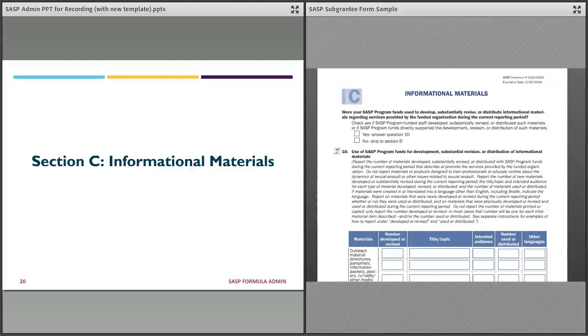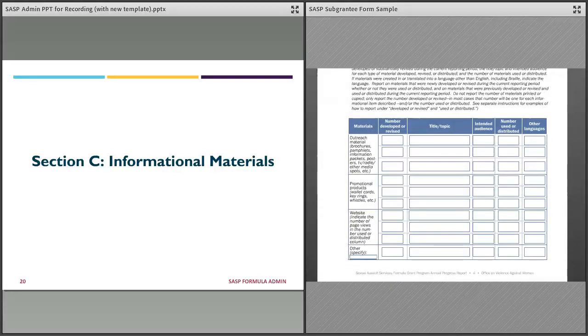For example, during the current reporting period, if the subgrantee developed one brochure with subgrant funds or subgrant funded staff and had 1,000 copies made, the subgrantee would only report one in the first column of number developed or revised. So look for very high numbers in that first column because that indicates a misunderstanding.